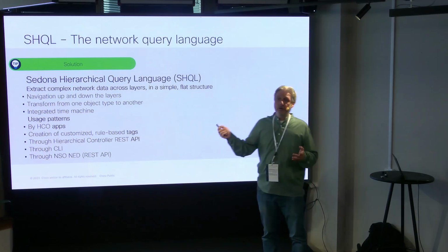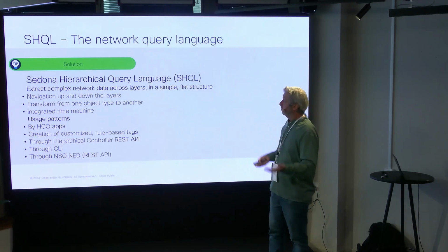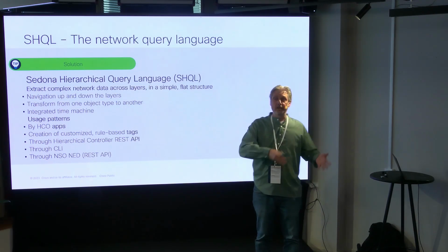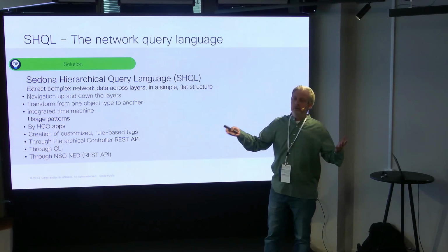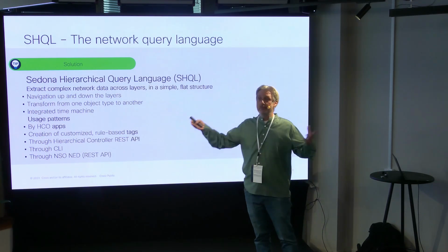So SHQL lets you traverse up and down through the different layers. You can transform from one object to a different one. Let's say you need the Ethernet link, but you don't actually want the link object itself, but the endpoints.